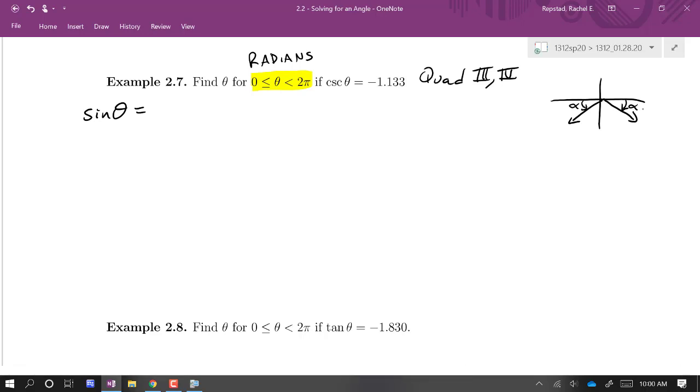Down from the pi radian and down from the 2 pi radian. So sine theta is negative 1 over 1.133, which means sine alpha is positive 1 over 1.133.